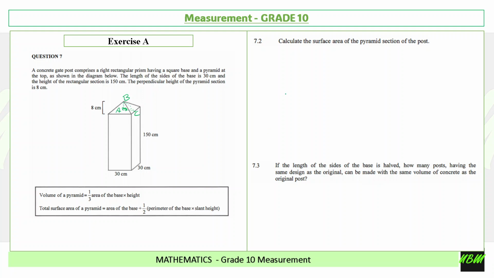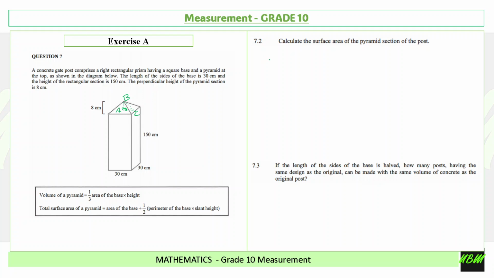Therefore, you will see that ABC forms a right-angled triangle, and we know the length of AB, which is equal to 8 centimeters, and we also know the length of AC. AC will be half the length of the base, meaning AC will be equal to 15. Therefore, we can calculate BC using the Theorem of Pythagoras.